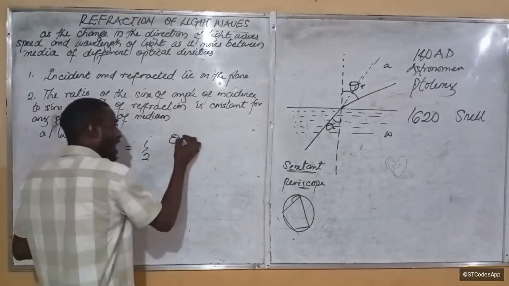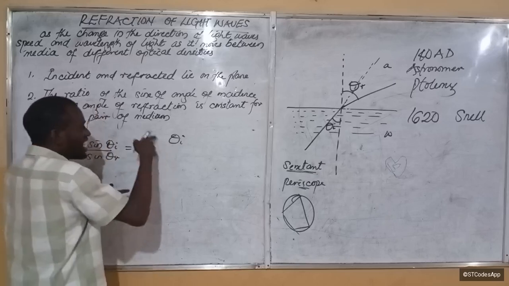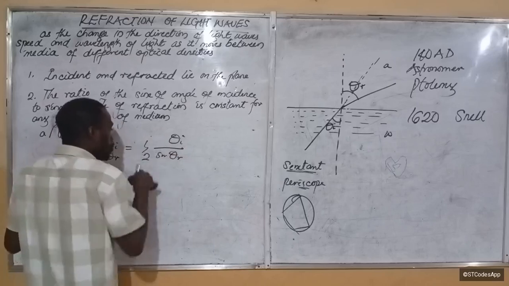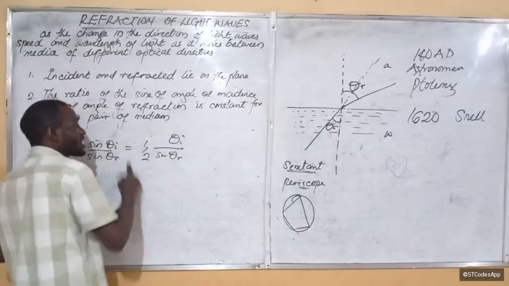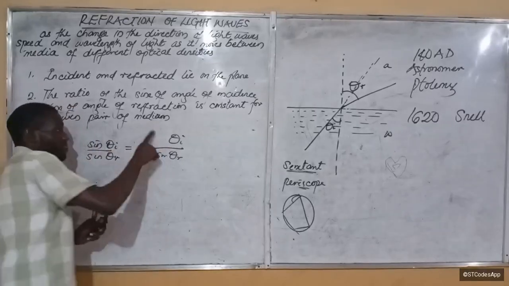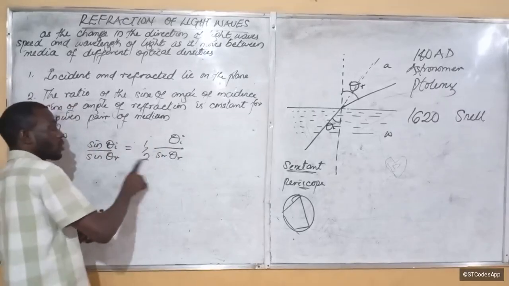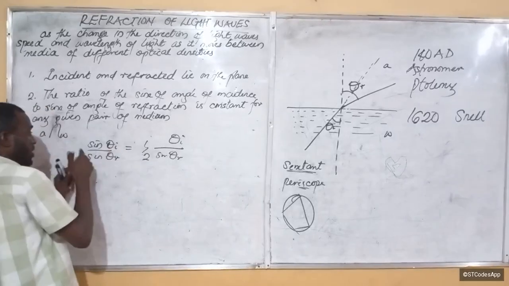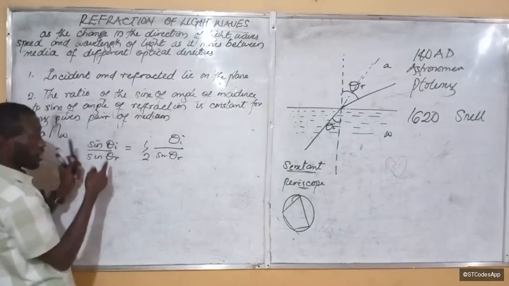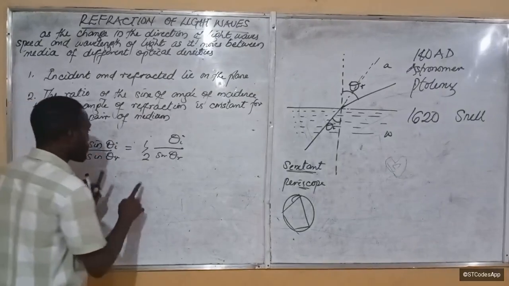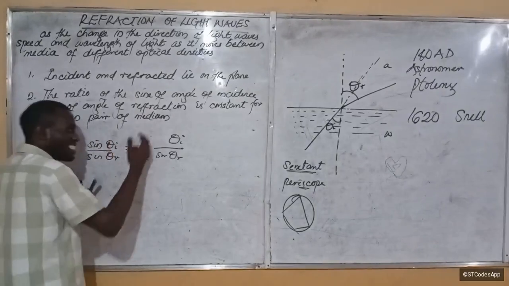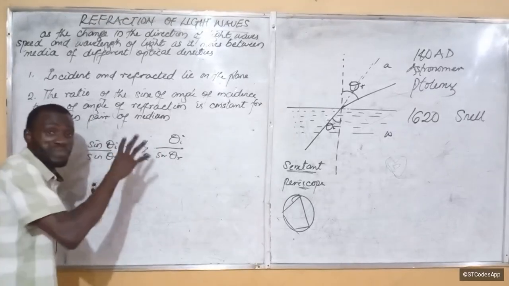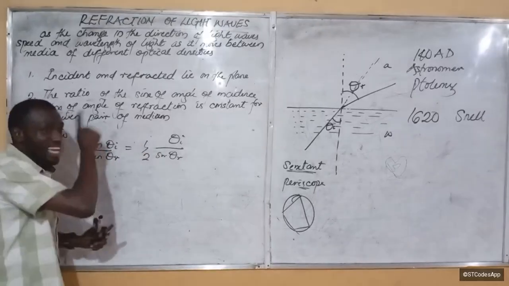Any other angle theta I that I take, the sine of theta R will change such that we will always get this same ratio, 1/2, for that given pair of media, regardless of how I change the angle of incidence.